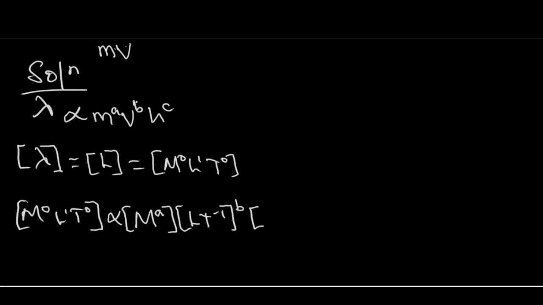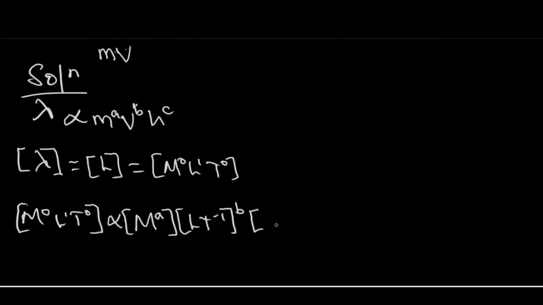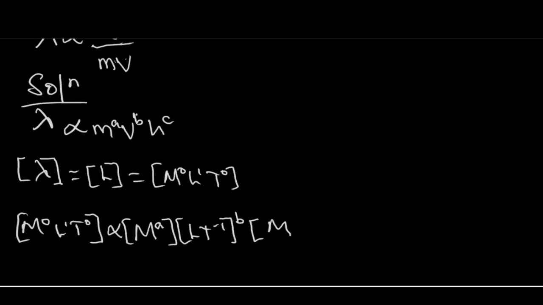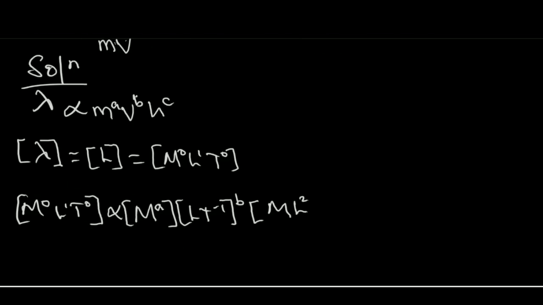H, which is Planck's constant, has its units provided, which are kg for mass, meter squared for area, which is just L squared, then per second, so we just say t to the power negative 1, and this has the exponent of c.